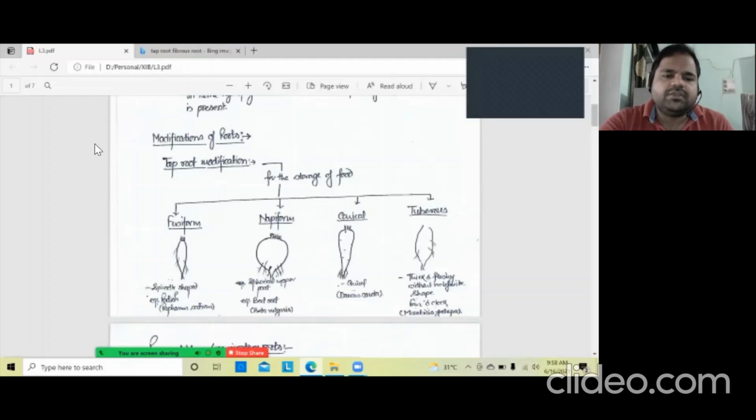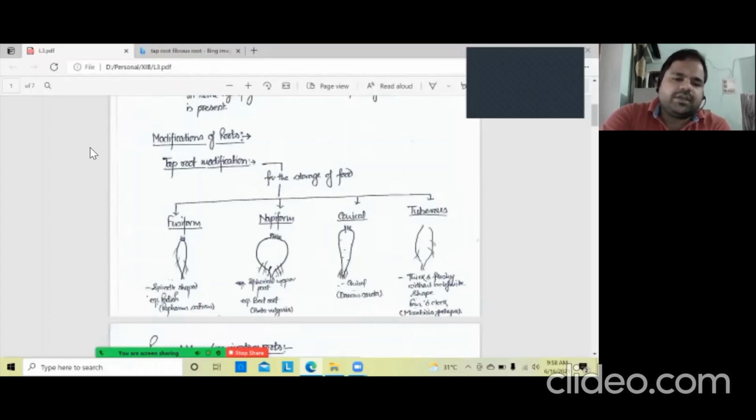So we can see the structure so that we can differentiate among these kinds of modification. In the case of fusiform, it is a spindle-shaped structure tapered at both ends. When the root modifies into a spindle-shaped structure for the storage of food, this structure is called fusiform modification.